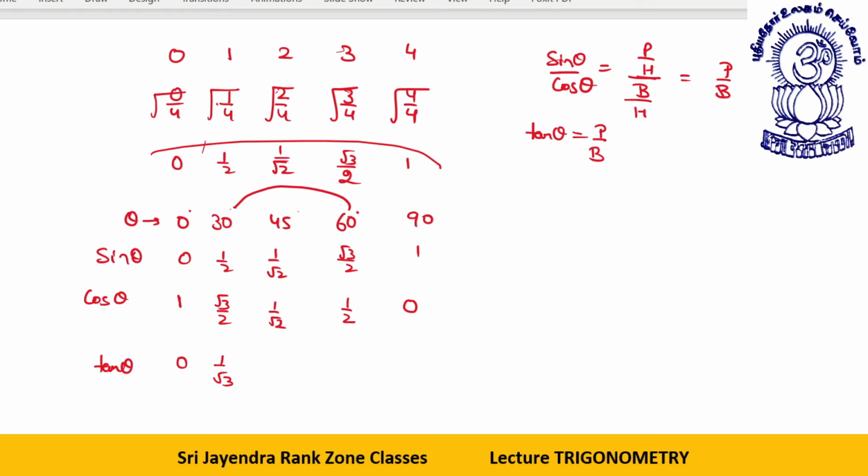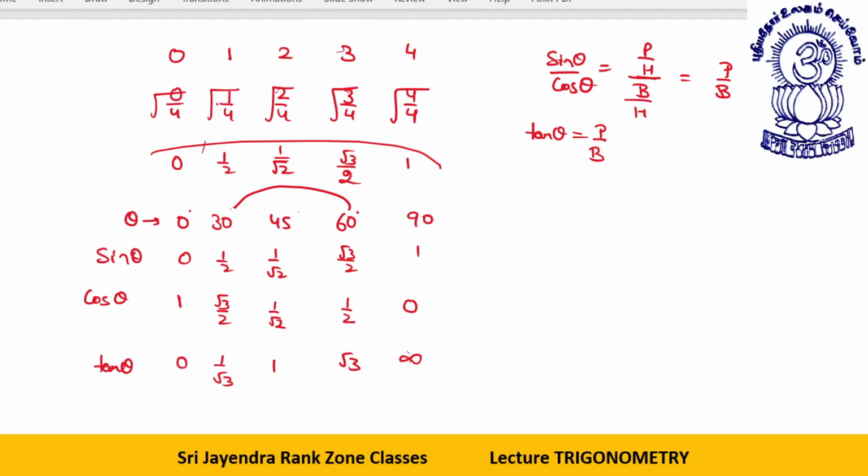Perpendicular by base, this is equal to tan theta. Okay, dear students, this will be 1, this will be root 3, 1 by 0 is not defined or infinite. Clear? So I hope everything is clear to everyone.